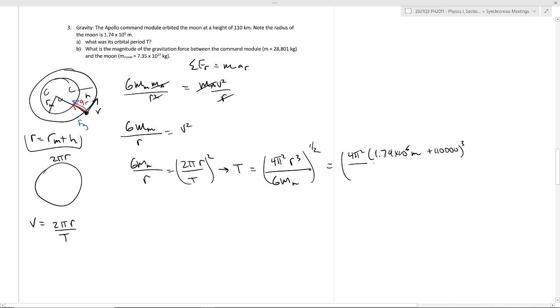That thing cubed divided by G, the gravitational constant, 6.67 times 10 to the minus 11. And also, what else do we have in there? The mass of the moon.